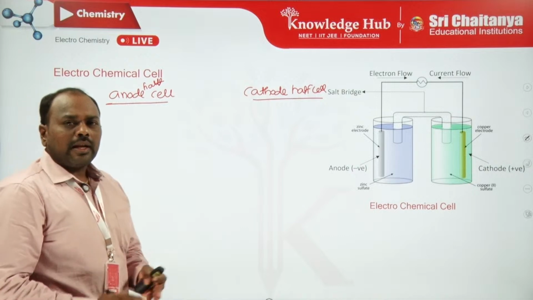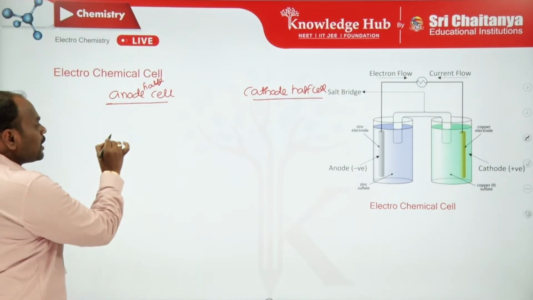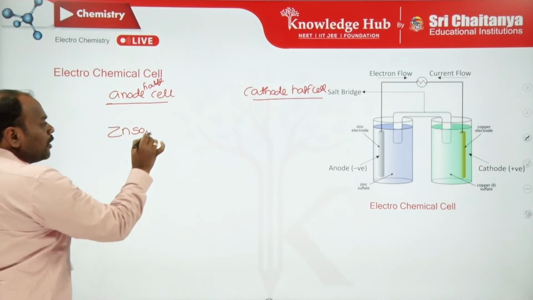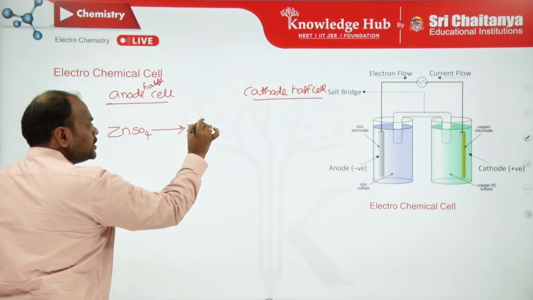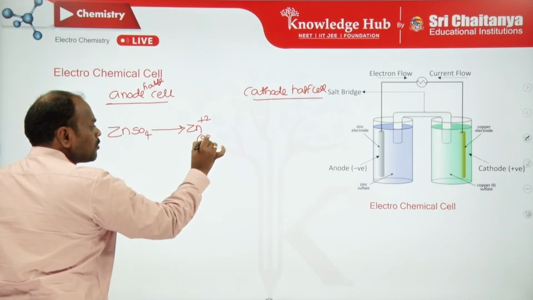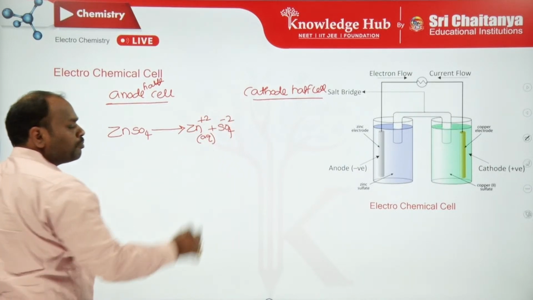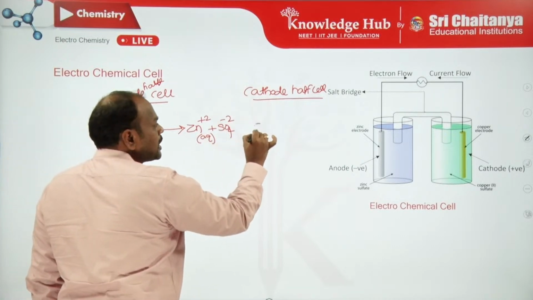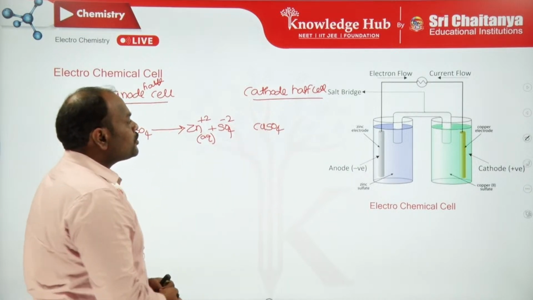See, when we initiate the reaction, the left side has zinc sulfate, which, when we are passing the current, is split into ions: Zn2+ aqueous plus SO4 2-. Simultaneously on the right side we have taken copper sulfate, CuSO4.